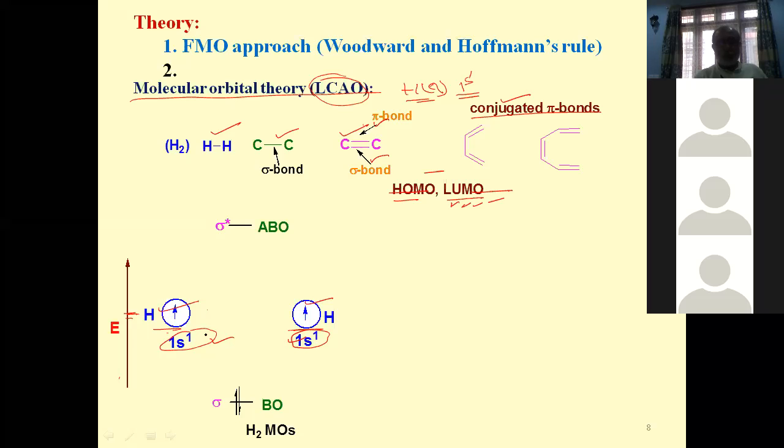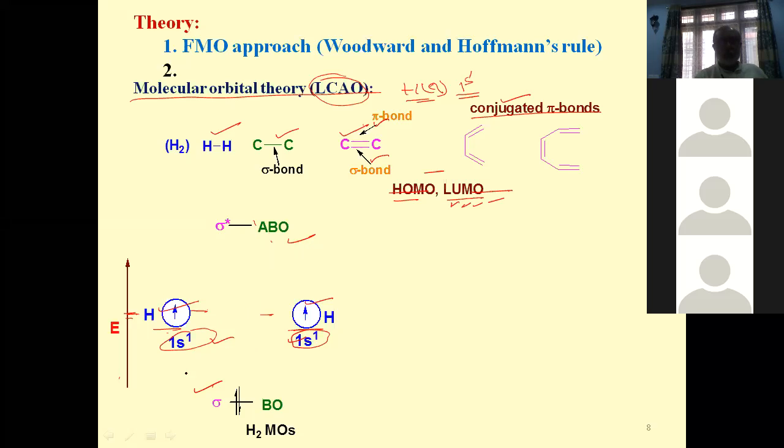So two atomic orbitals combined will give rise to two molecular orbitals. But in terms of energy, one orbital will have lower energy, so its energy comes down, and another will have higher energy, so that energy goes up. After these orbitals are formed, these become the two molecular orbitals of hydrogen.